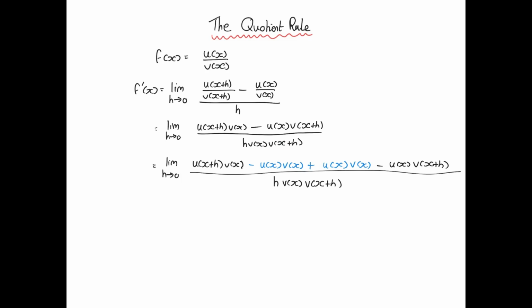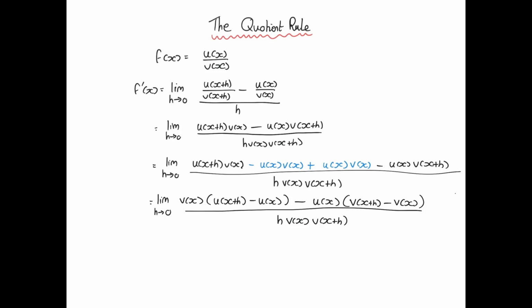But notice now the first two terms have v of x common, and the second two terms have a u of x common. So we take out those factors, for the first two and the second two, and we should hopefully get something that resembles our differentiation from first principles definition.